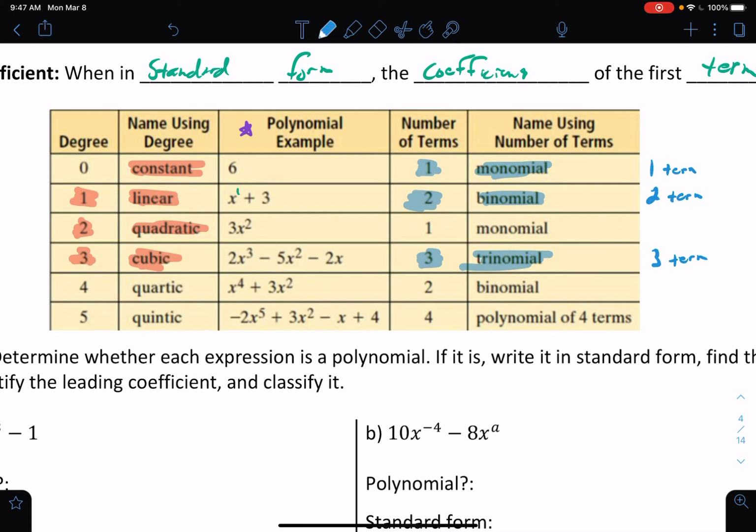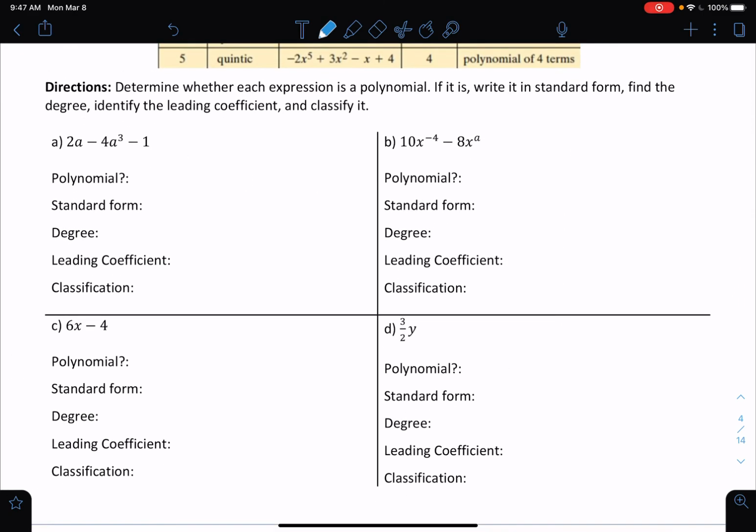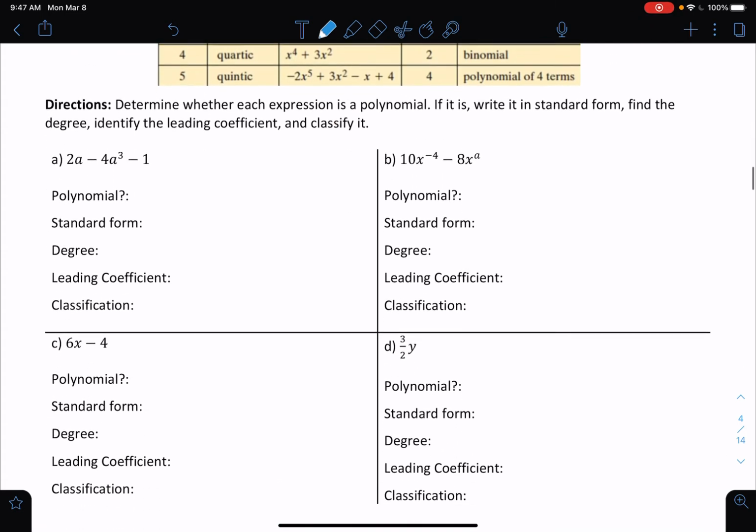Okay? So let's get to our first example. Determine whether the expression is a polynomial. If it is, write it in standard form, find the degree, the leading coefficient, and classify it using these vocab words. All right, so is this a polynomial in A? Yes, it is. Because we have no negative or fractional exponents, no square roots, no variables in the denominator. So if I wanted to write this in standard form, I just need to write it from highest degree to lowest degree.